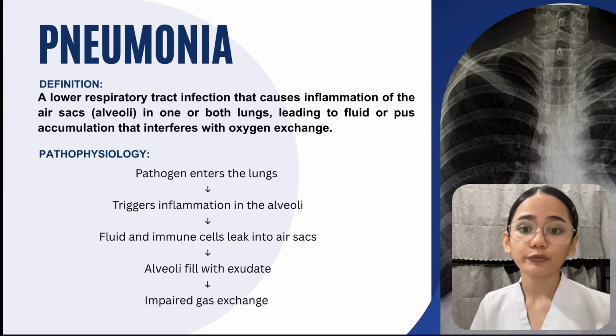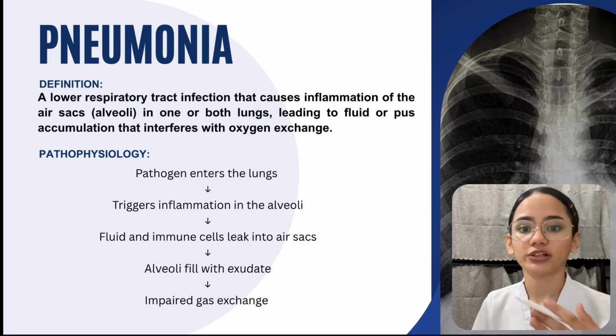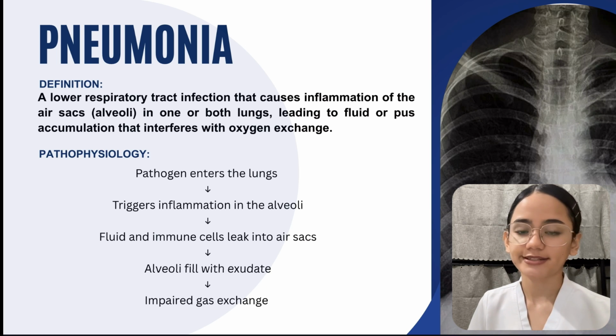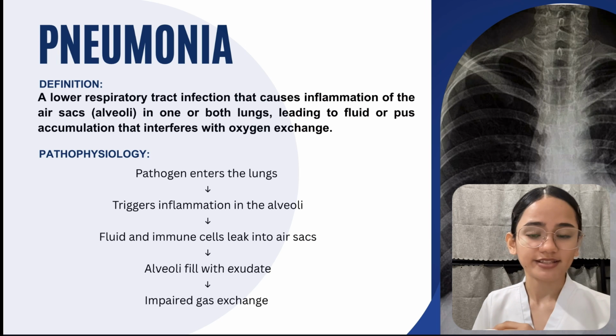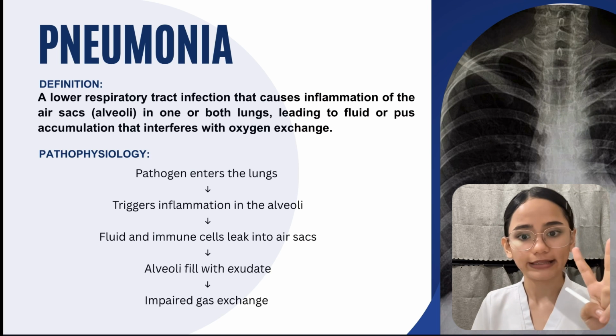So, for the pathophysiology, it begins when bacteria, viruses, or fungi enter the lungs through inhalation of droplets, aspiration of secretions, and contact with fomites, or even through the bloodstream. So, once inside, the organism invades the alveoli and triggers inflammation. White blood cells then rush to the site of infection, fighting it off, which makes the capillaries around the alveoli more permeable or leaky.